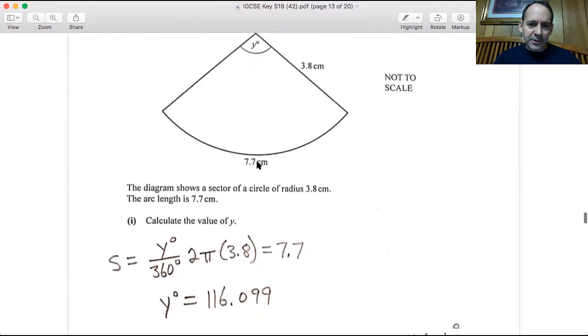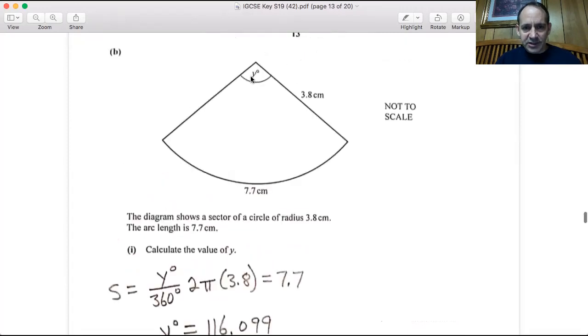So our formula for arc length, when we're dealing with degrees, you need to pay attention with arc length and sector area, because there are two different sets of formulas. One set of formulas is for degrees, the other set is for radians. In IGCSE, they pretty much stick with degrees, but when we move up to the AS level, it pretty much sticks with radians. So make sure that you pay attention to which formula set you're using.